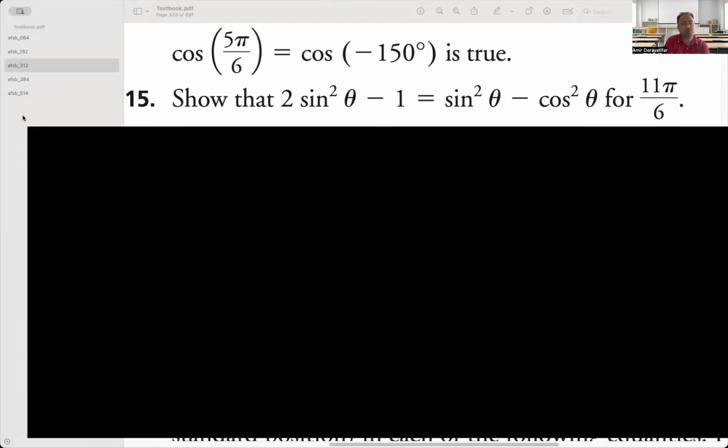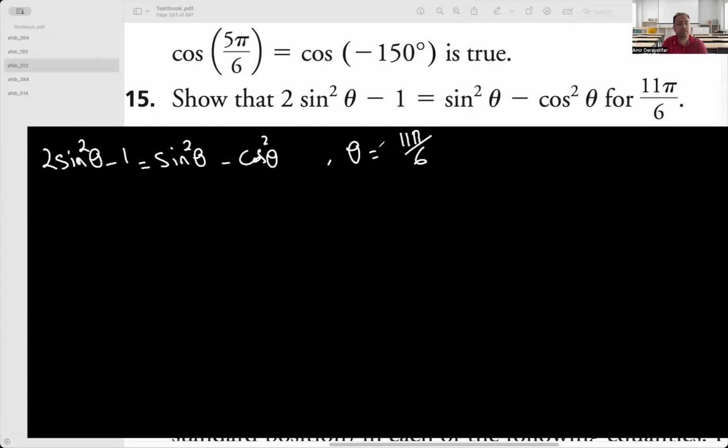Okay, so question 15. 2 sine squared theta minus 1 equals sine squared theta minus cosine squared theta when theta is 11 pi over 6. It says show that the left side equals the right side.